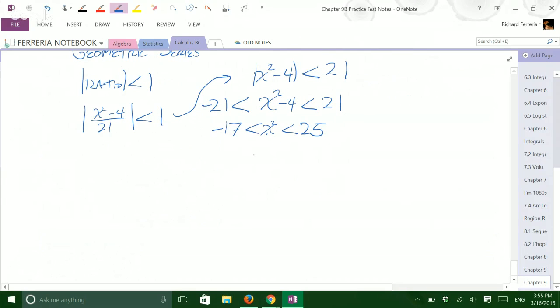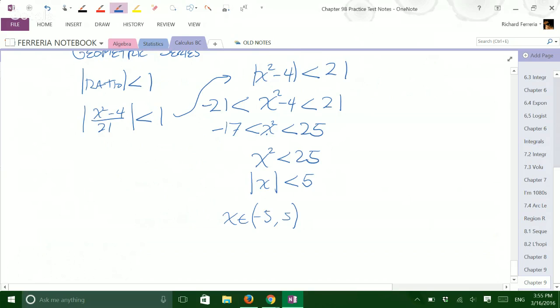All we need to make sure is that x squared is less than 25, which means the absolute value of x needs to be less than 5. The interval of convergence should be between negative 5 and 5.